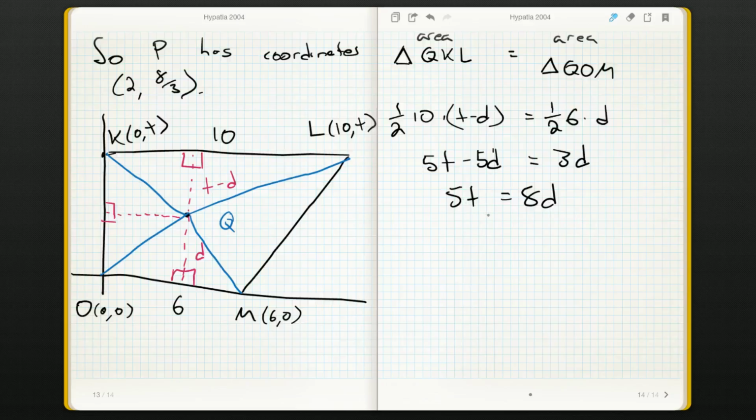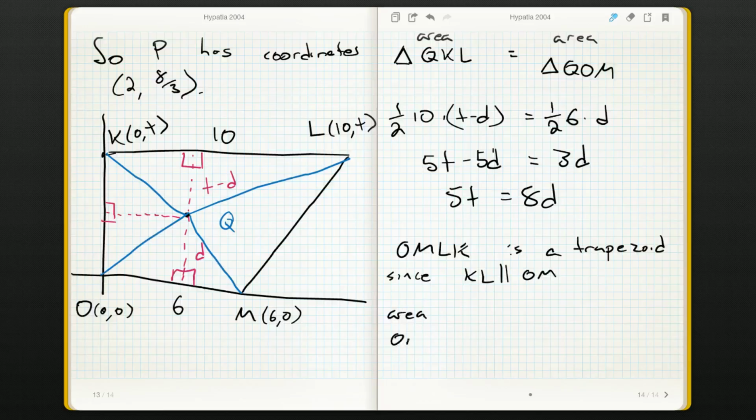So is there some reason that this is an impossibility? Well, if this is 5T, as I mentioned, I think I can get this. OMLK is a trapezoid, since KL is parallel to OM.